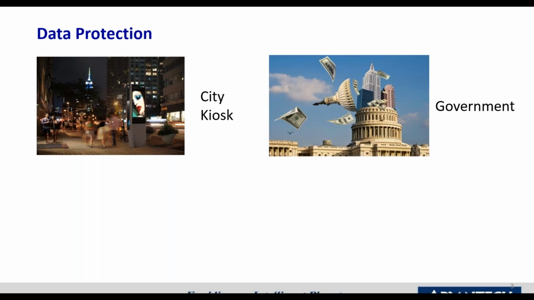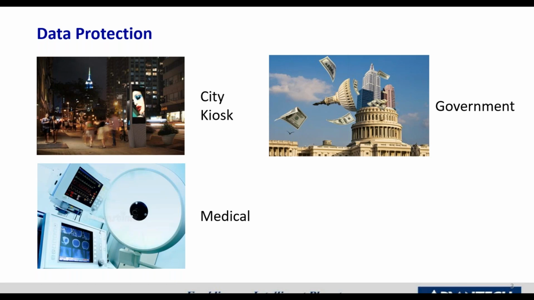Of course, the government. We don't talk about it much, but all governments need high-level security. The third one is medical. In the last couple of years, breaches and identity theft involving medical data are on the rise.